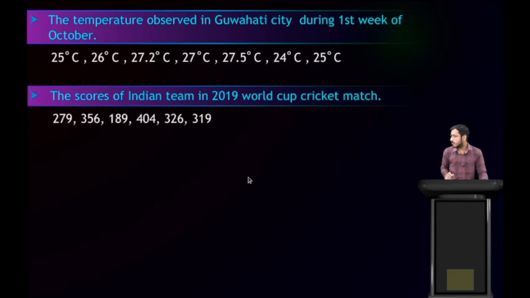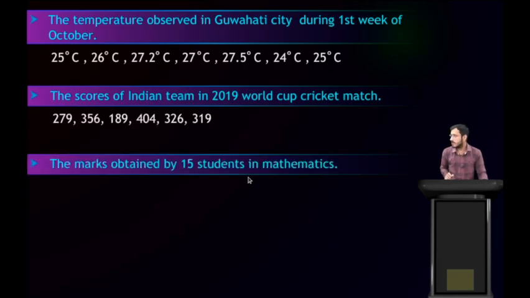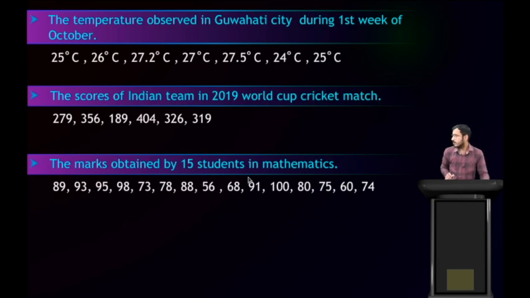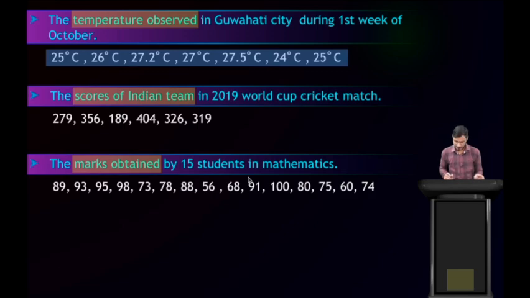So here some scores are here, and the third one, the marks obtained by 15 students in mathematics. So in the first example temperature observed, in the second example scores of Indian teams, and third one you can see the 15 students' mathematics marks. Okay, so all are data here.